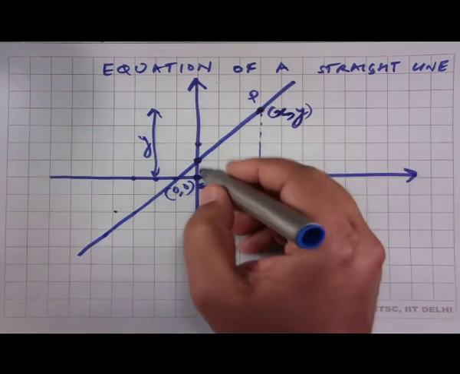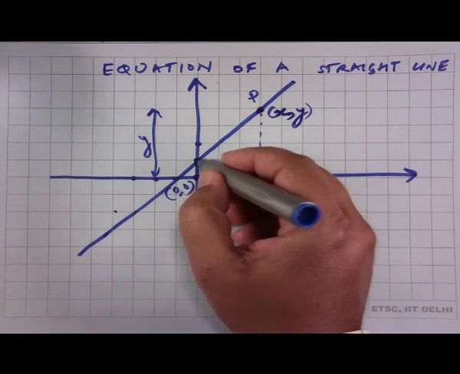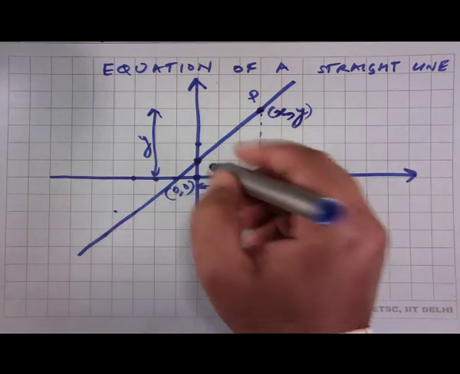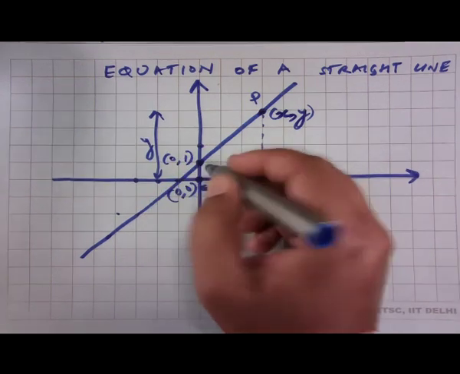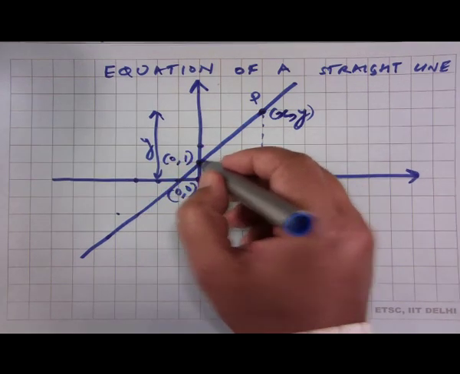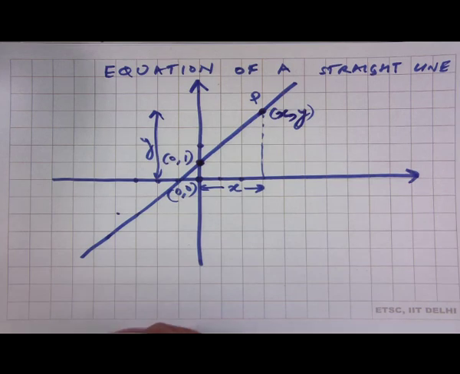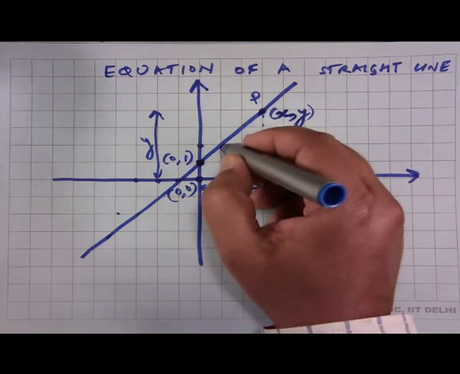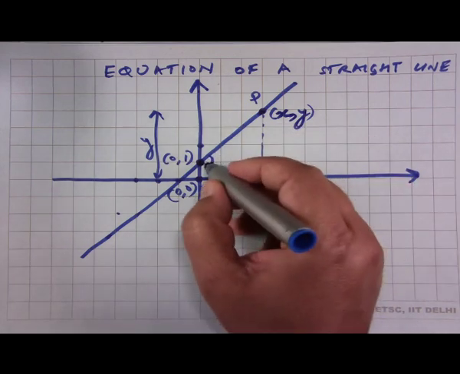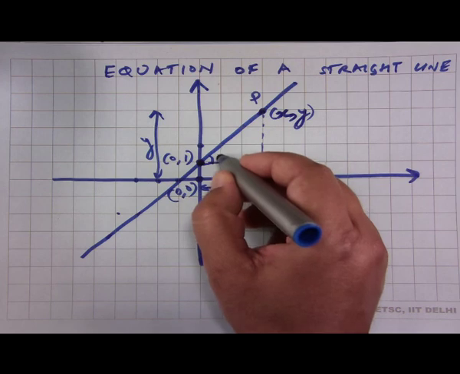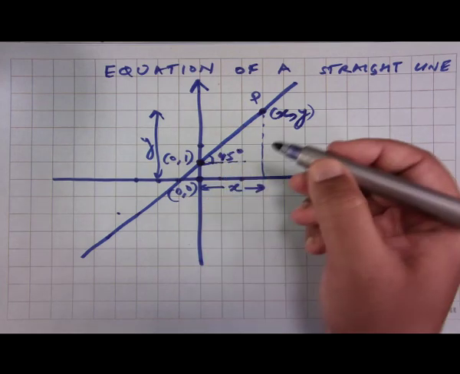Now, if we see here, this straight line passes through this point (x1, y1), which is this point. Further, this angle here is 45°.